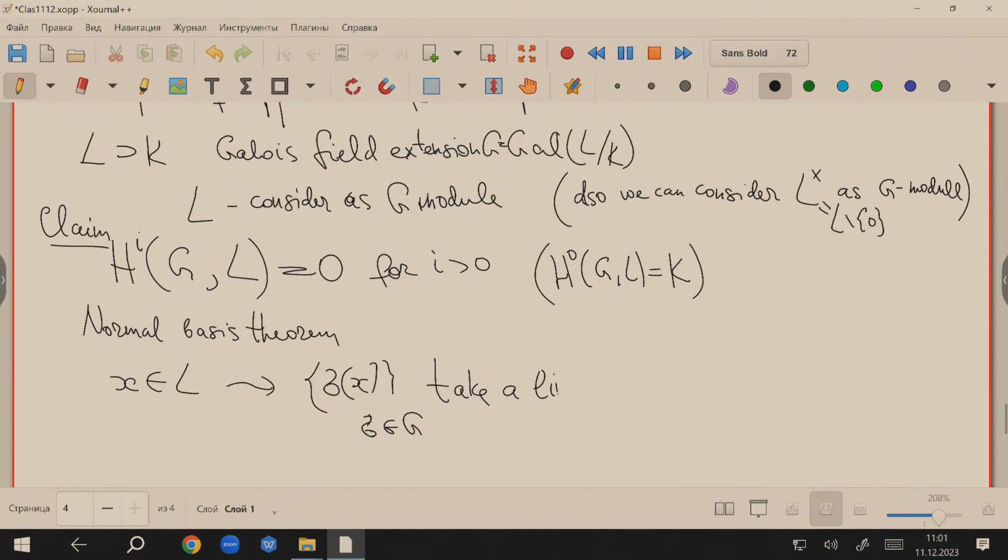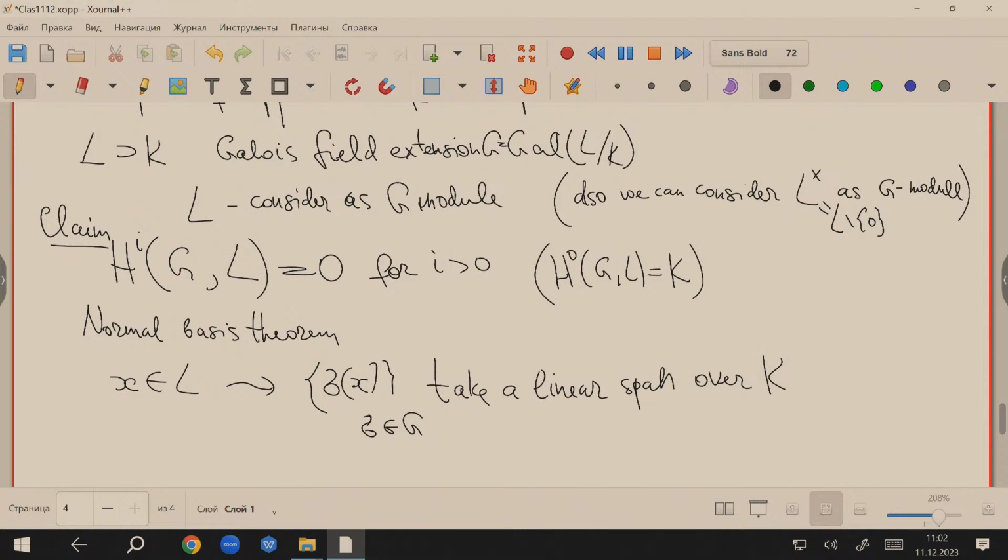The claim is that these elements generate the whole field L. You have a similar picture in the primitive element theorem: if you take a sufficiently general element in a separable extension, its powers generate the whole space.